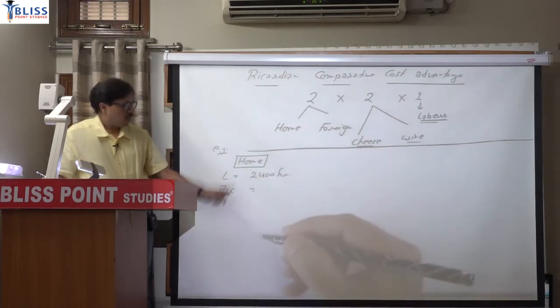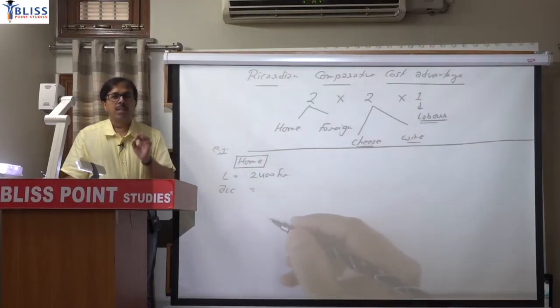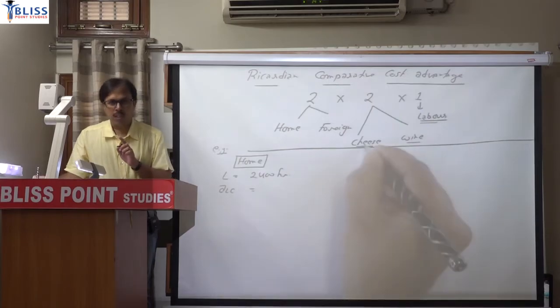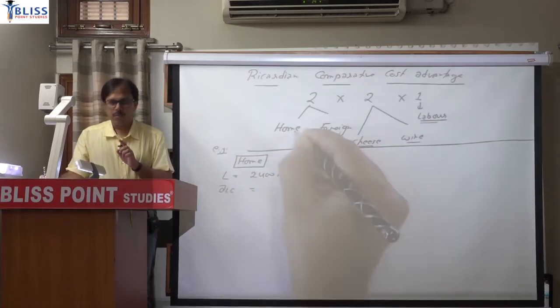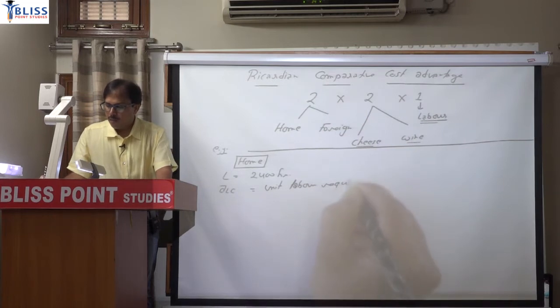Read this: C is for cheese, L is for labor, and A is unit labor requirement.